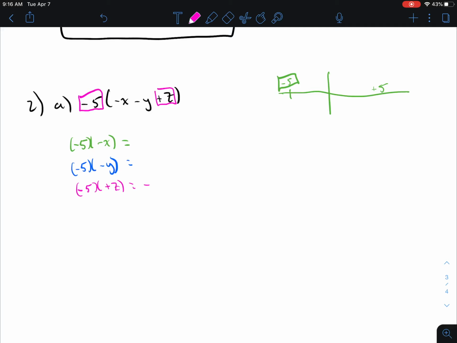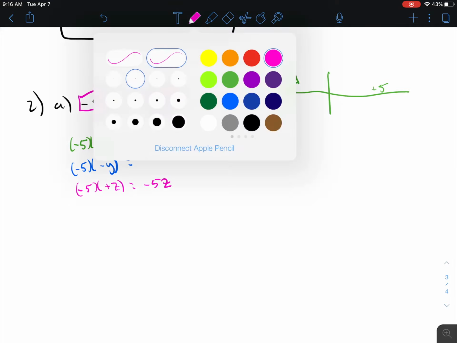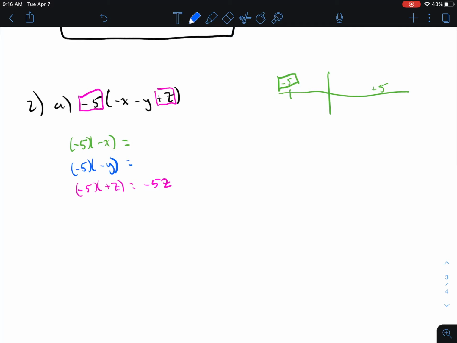Wow. That just equals negative 5z, right? Because a negative multiplied by a positive is a negative, right? But if I go up to the next question here, negative 5 multiplied by negative y, 2 negatives make a positive. So it's positive 5y, right?